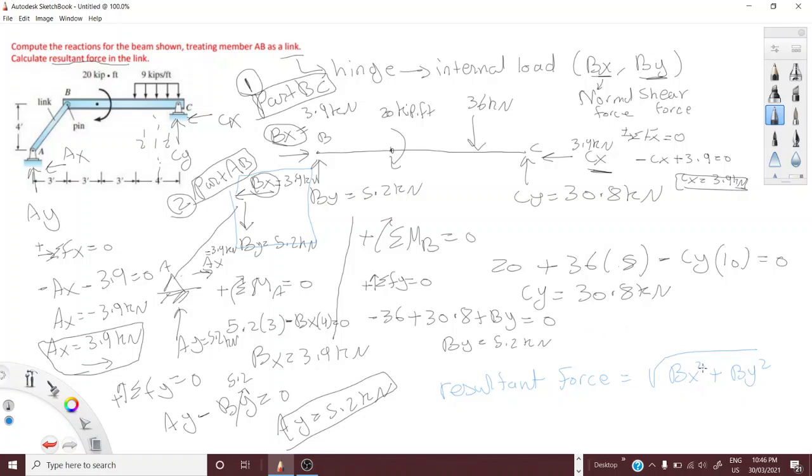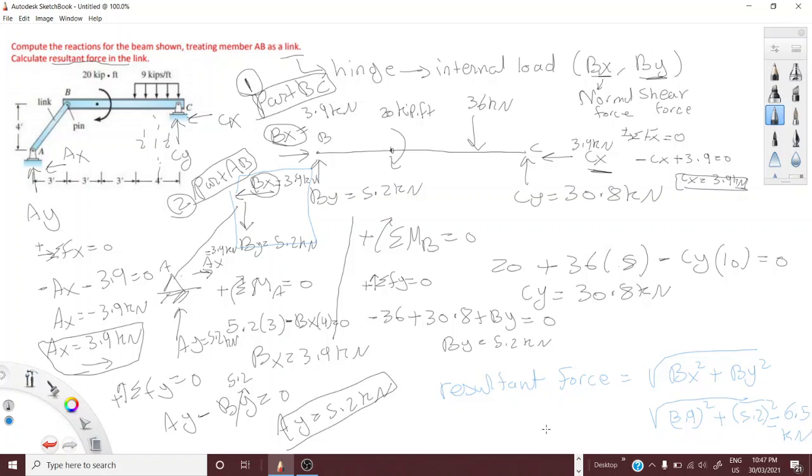So we get 3.9 squared plus 5.2 squared. So our final answer is 6.5 kilonewton resultant force.